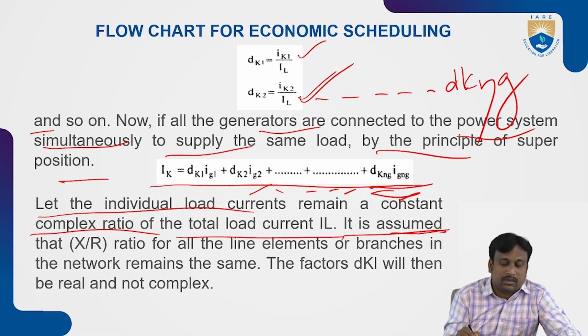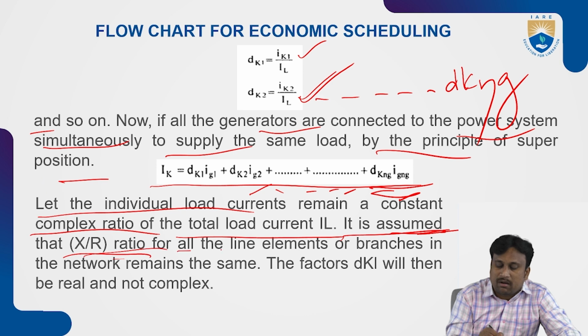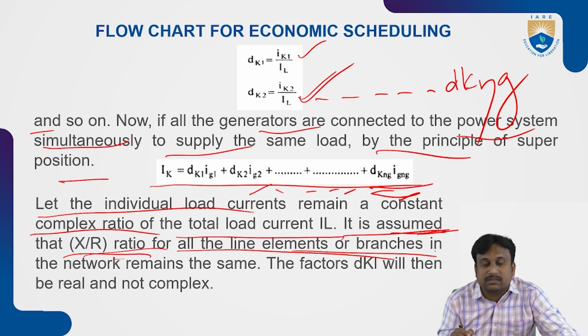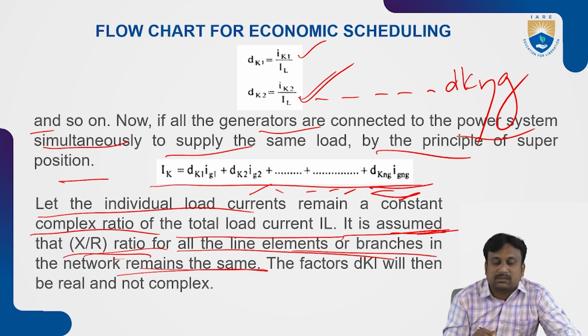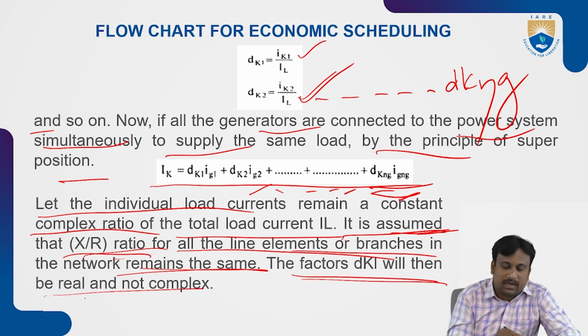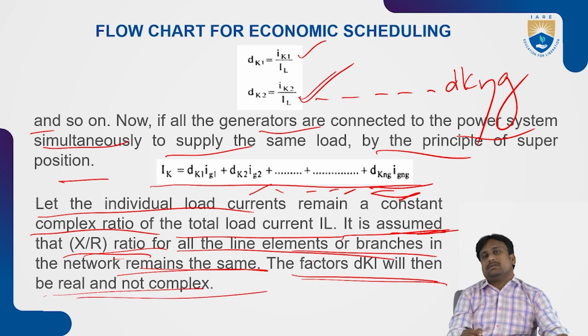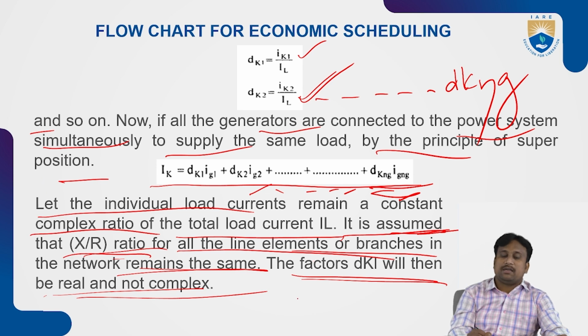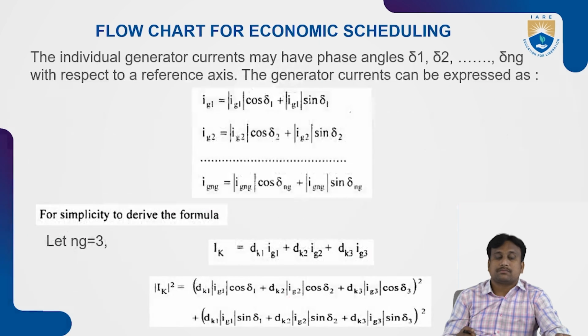It is assumed that the X by R ratio for all the line elements or branches in the network remains the same. So the factors DKL will then be real and not complex. Like that, we can consider certain assumptions for making the derivation simpler.